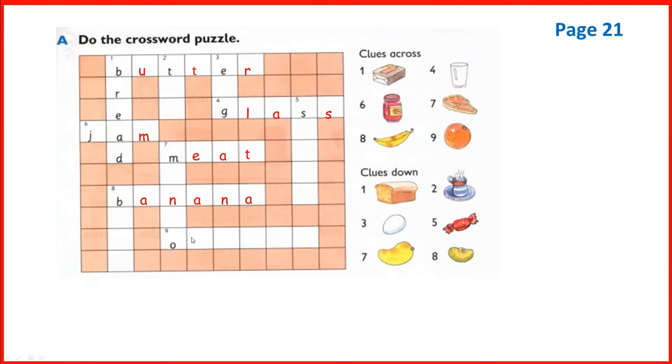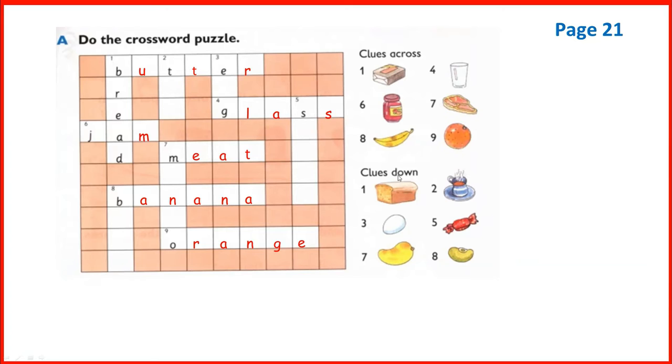Yes, and where is 9? Yes, this is 9, and this is a cross. You have to put the remaining letters of orange across. Okay, now orange, R-A-N-G-E. Yes, now we have completed all the words across.